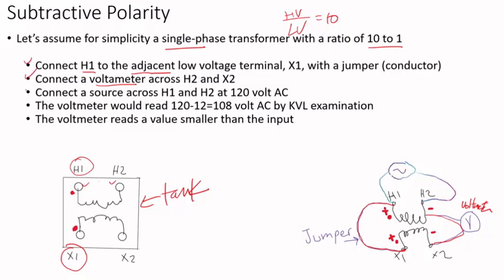So step 2, connect a source between H1 and H2. In other words, energize the high side. When you are applying voltage for testing, like a ratio, as I explained in a previous video, it's better to apply it to the high voltage, because that way the voltage that will be induced on low voltage is small.